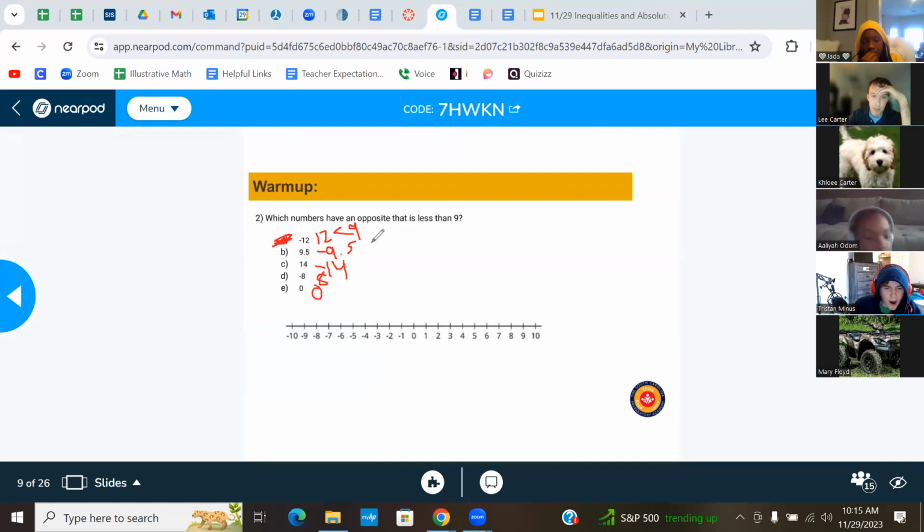You see how what I'm doing here is I'm just going through and checking all of them to see if they're a true statement. Is -9.5 less than 9? Yes. So you should put B. Is -14 less than 9? Yes. So put C. Is 8 less than 9? Yes. So put D. And is 0 less than 9? Yes. Put E. Okay.